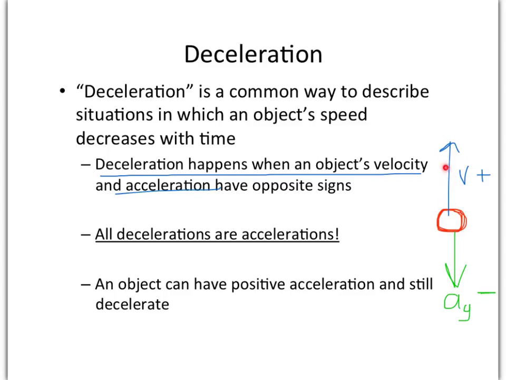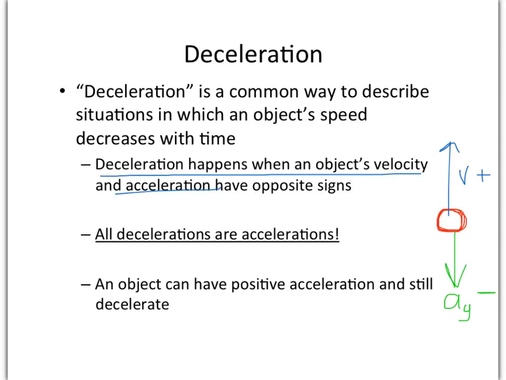It's going to get less and less and less positive, and at some point it's actually going to stop. And like everything else that you throw up, it's going to eventually start coming back down because there's an acceleration acting on it in the opposite direction. That's what this means right here. But any deceleration is still an acceleration. It just means that it's in the opposite direction that the object that is moving happens to be currently moving.